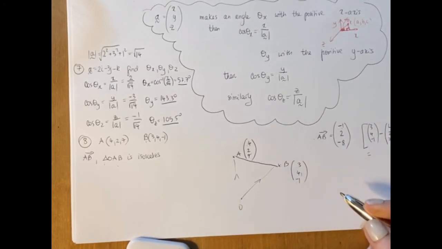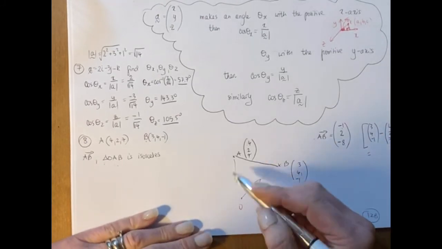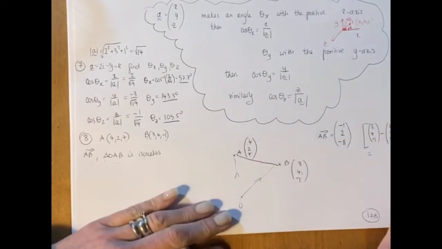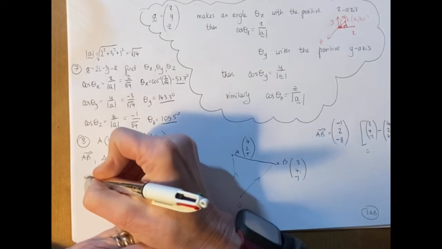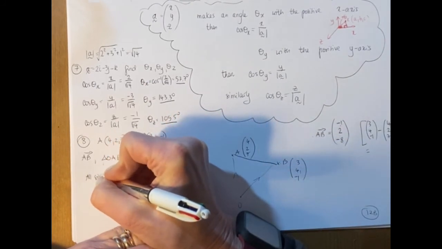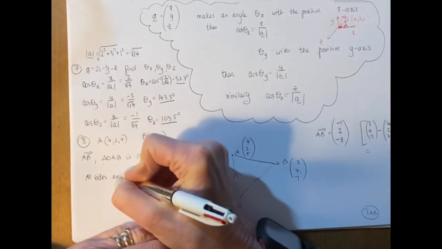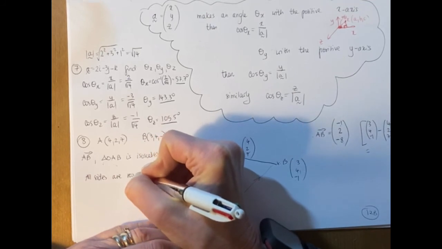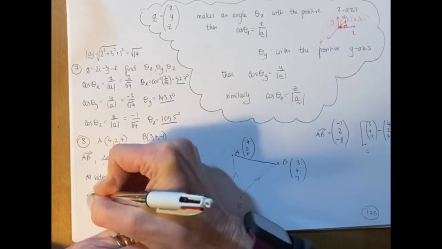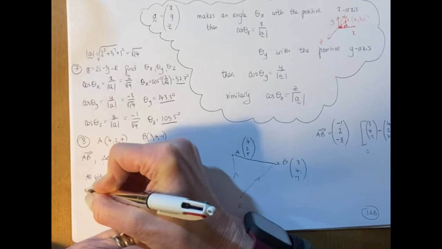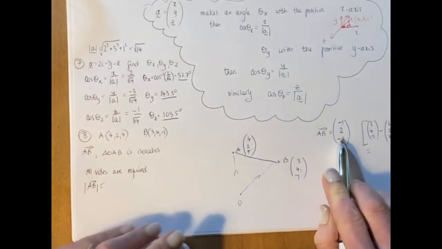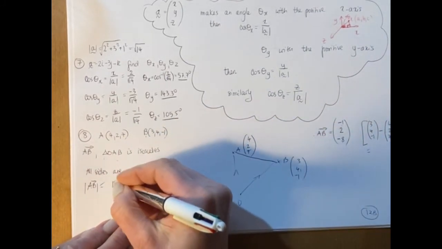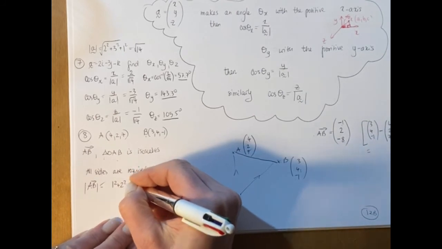So that's vector AB. Now to show that this triangle is isosceles, I'm going to find all sides. So all sides are required. Let's find AB by doing Pythagoras to vector AB. So it's 1 squared, add 2 squared, add 8 squared.